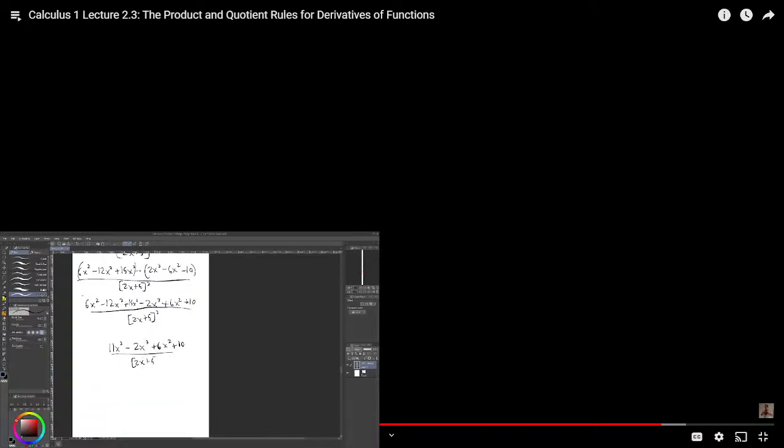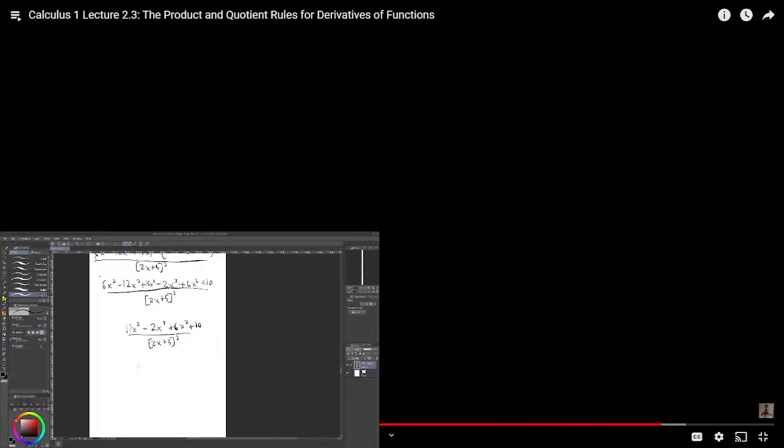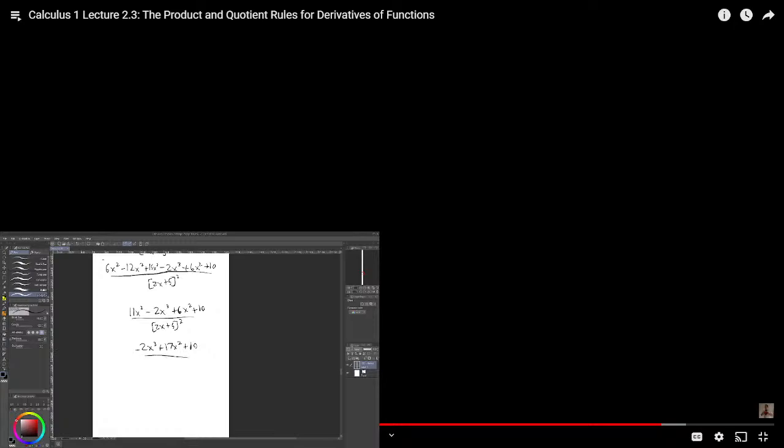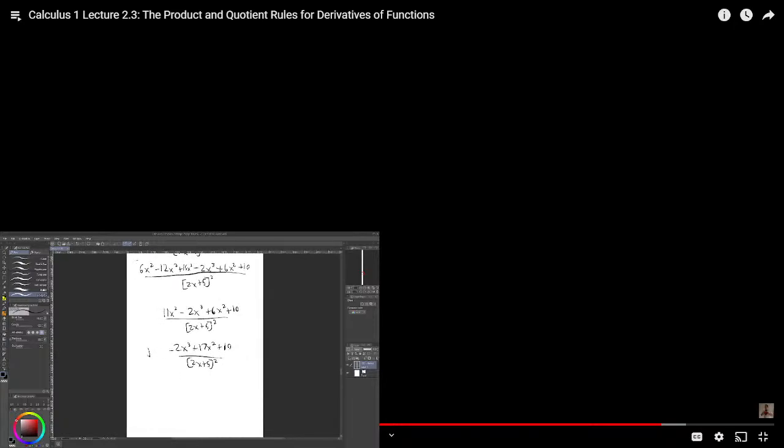So negative 2x cubed plus 17x squared plus 10, all over 2x plus 5 squared, dy dx.